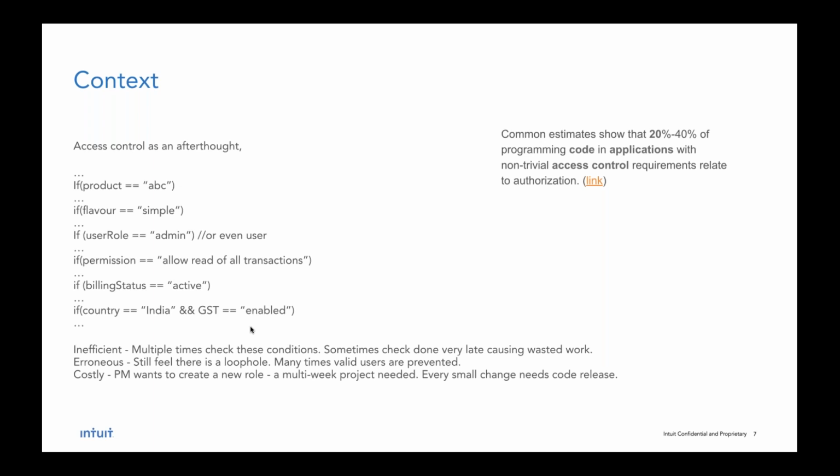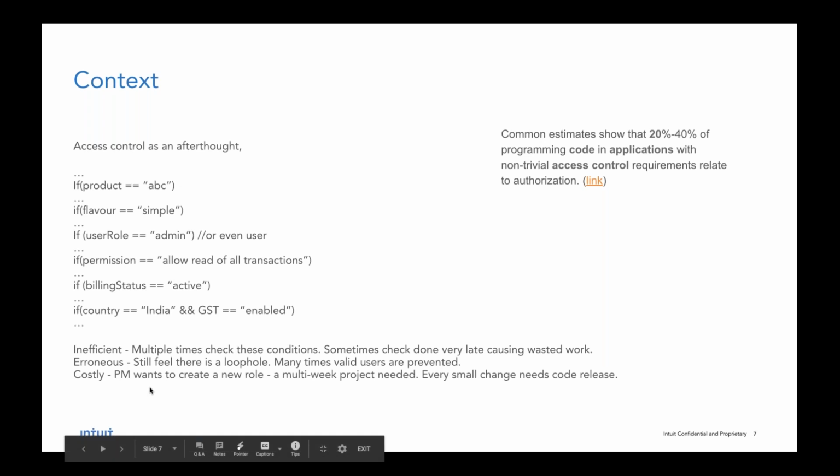The second problem with this is that because this logic is spread inside code, it is mixed with business logic. There is always a feeling that there is a loophole, and there is no confidence that the system is well protected. And you could make your system very hard, where you might start preventing valid users from getting access, or you might end up making system easy on user experience but might allow invalid users or not allowed users to access certain features.